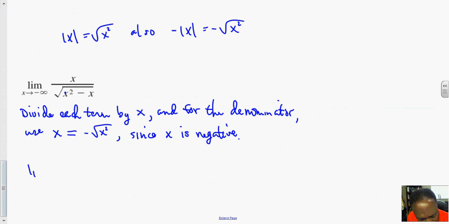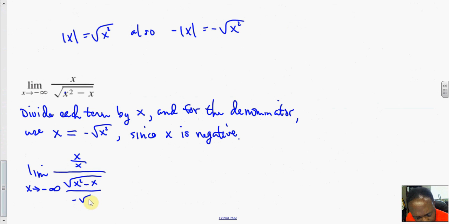So this is the limit as x goes to negative infinity. This becomes x divided by x, all over the square root of x squared minus x, divided by negative the square root of x squared.